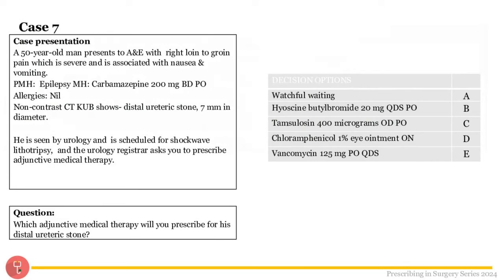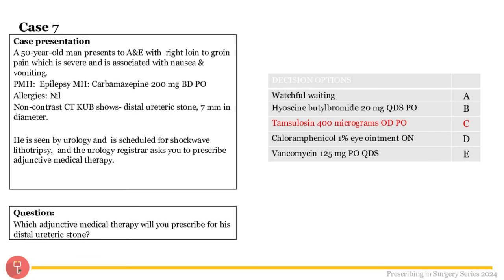Okay, so 44% of people going for C, tamsulosin, 32% going for watchful waiting, and 22% going for vancomycin. So the correct answer is C, tamsulosin, 400 micrograms OD per oral.